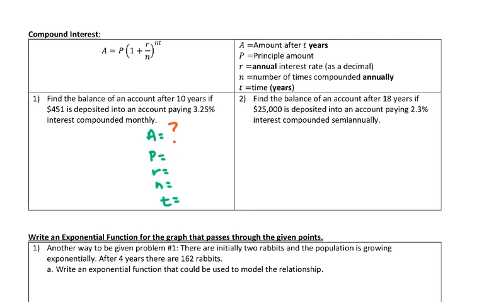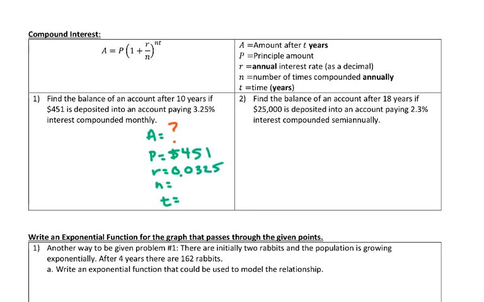P is your principal amount. That principal amount is the initial amount, the amount that's started in the account. In this case, it is $451. Your interest rate is 3.2%. In order to write that as a decimal, it's going to be 0.032.